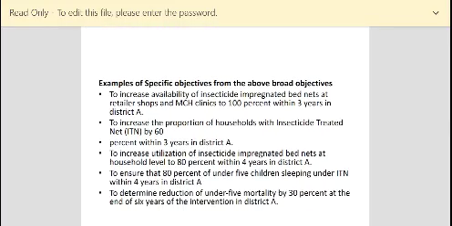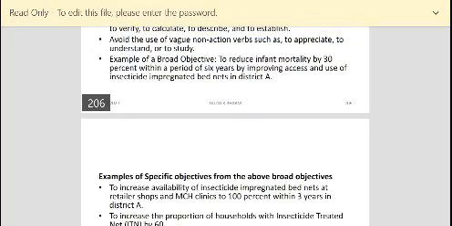Do you see? From a broad objective, we know they want to reduce mortality rate by 30% within the period of 6 years by improving access and use of what?